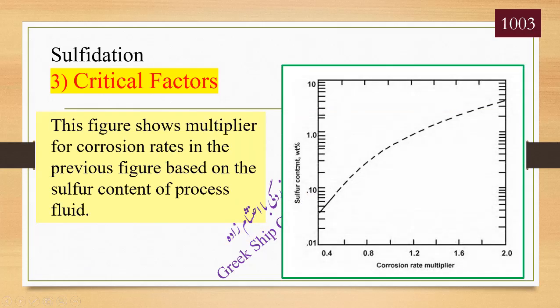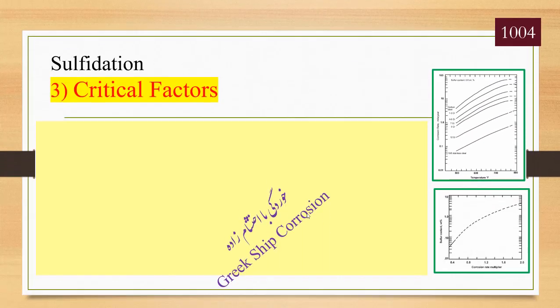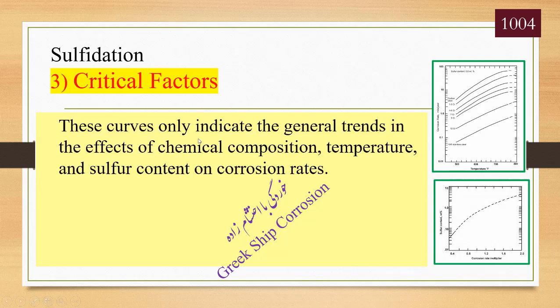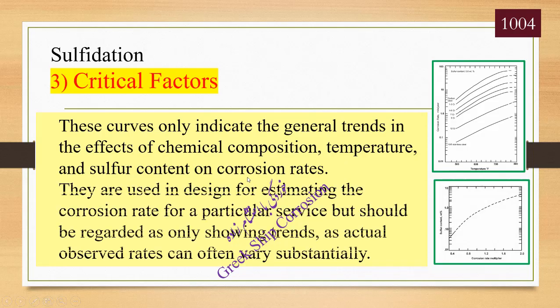This figure shows multiplier for corrosion rates in the previous figure based on the sulfur content of process fluid. The vertical axis is weight percent of sulfur content, and the horizontal axis is corrosion rate multiplier. These curves only indicate the general trends in the effects of chemical composition, temperature, and sulfur content on corrosion rates.